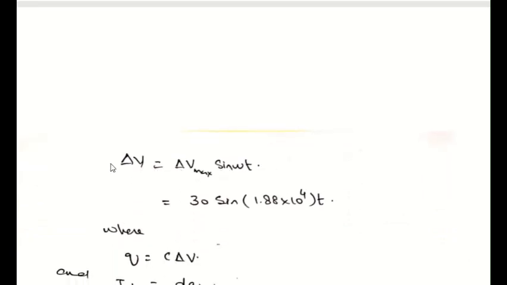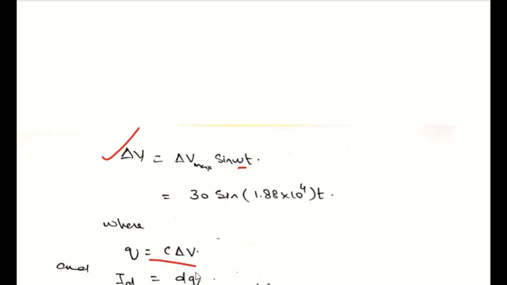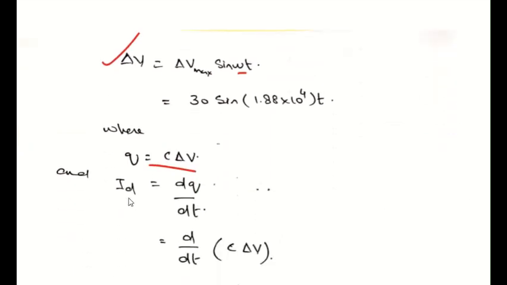Now, from our previous knowledge, we know that if we have a sinusoidal wave, delta V equals delta V maximum times sine of omega t. We have the value of omega, putting in the value of omega, and also we know that Q equals C delta V, and we have to find the displacement current.